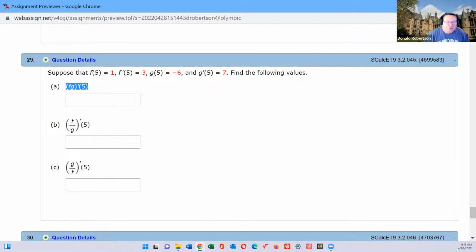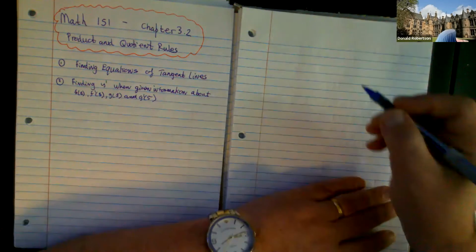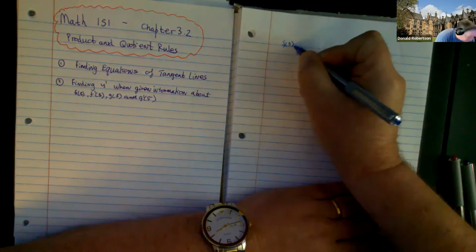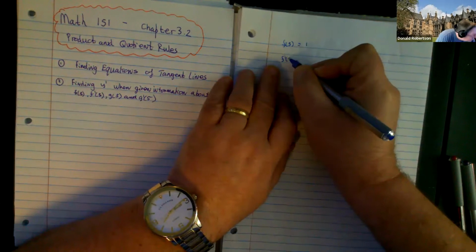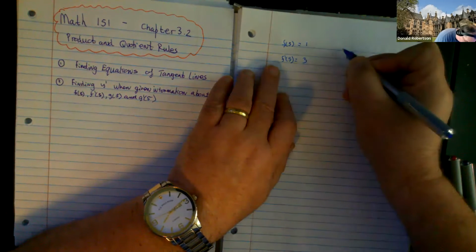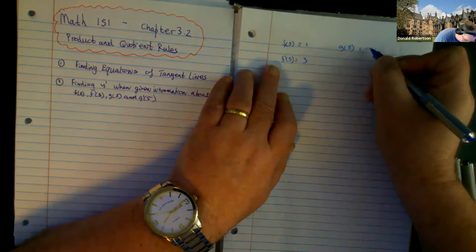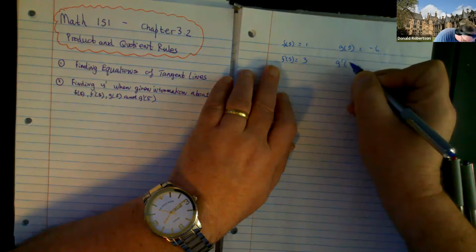Let me show you how you get the numerical value for a derivative of a function that you don't even know what the function is. All you know is a snapshot. So the value of the function f at 5 was 1. The derivative at 5 was 3. The value of the function g at 5 is -6. The derivative at 5 was, say, 7.